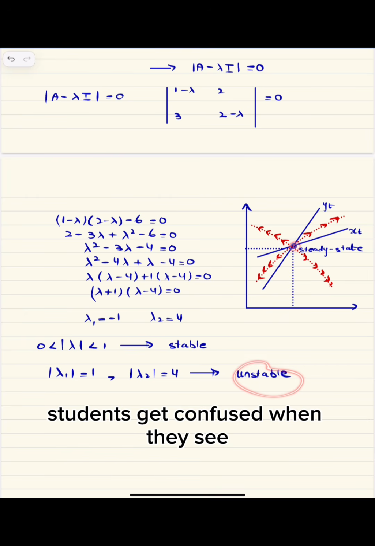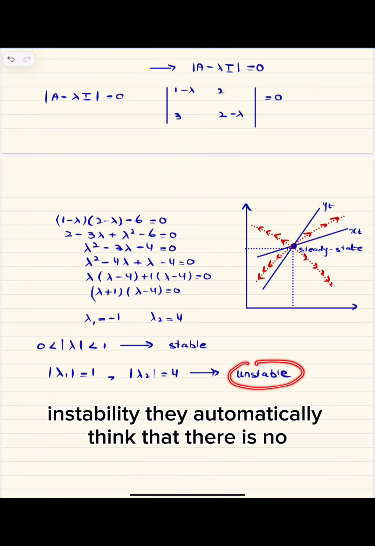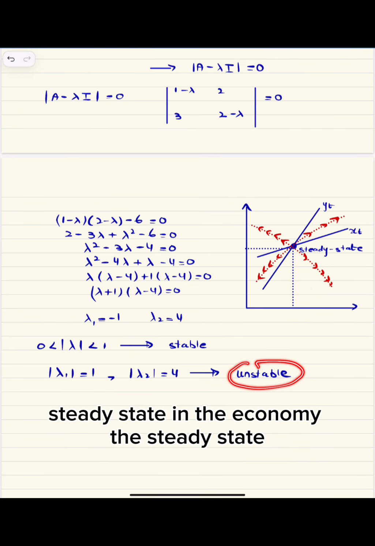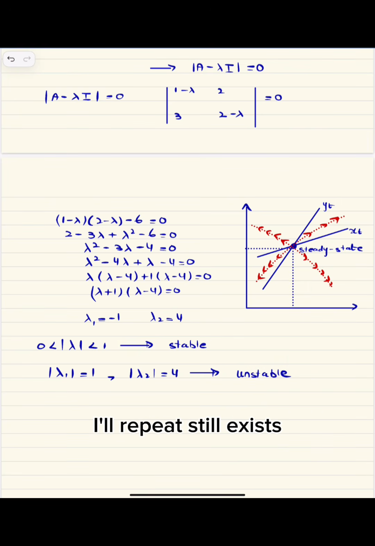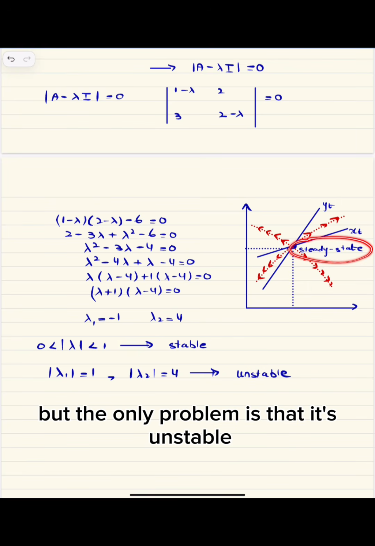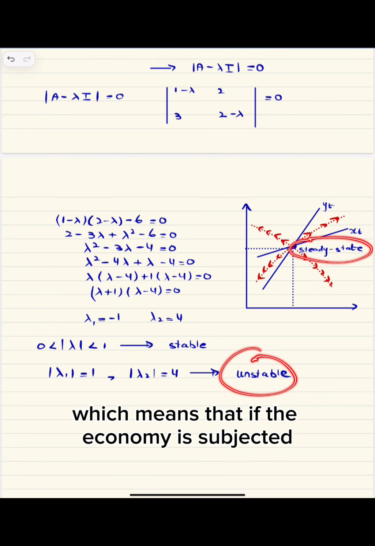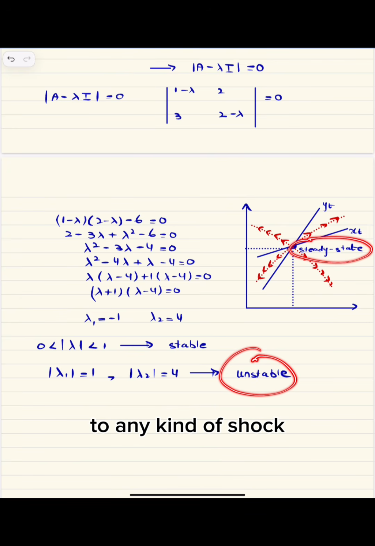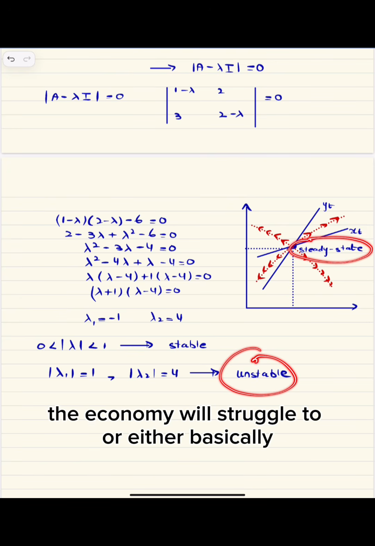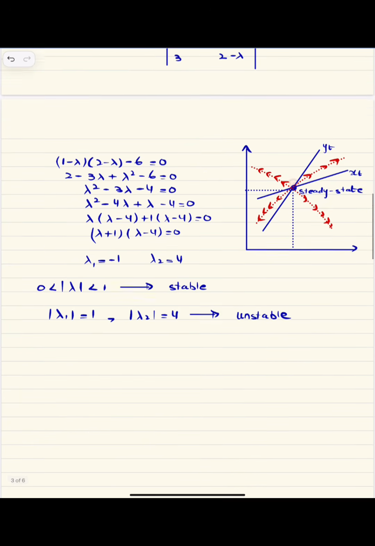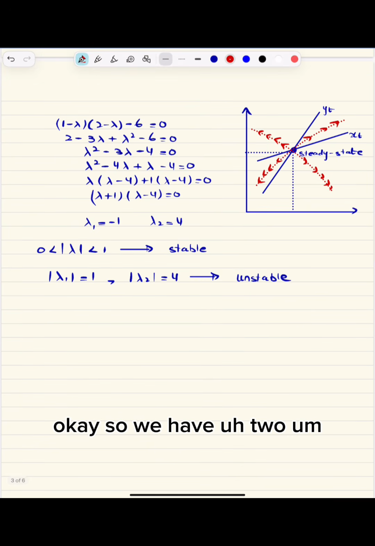Some students get confused when they see instability. They automatically think that there is no steady state in the economy. The steady state, I'll repeat, still exists, but the only problem is that it's unstable, which means that if the economy is subjected to any kind of shock, the economy will struggle to, or basically never, come back to the steady state.